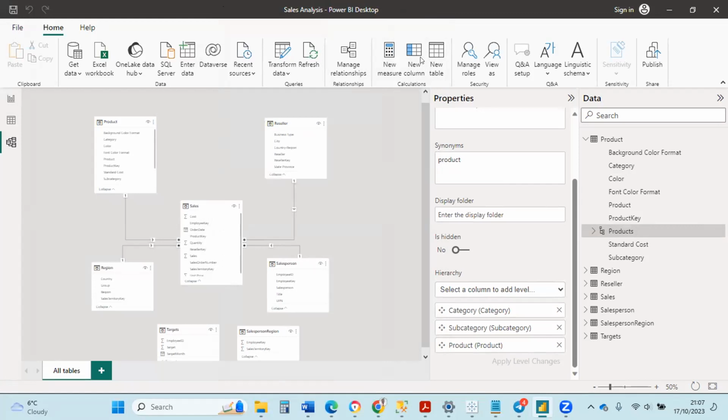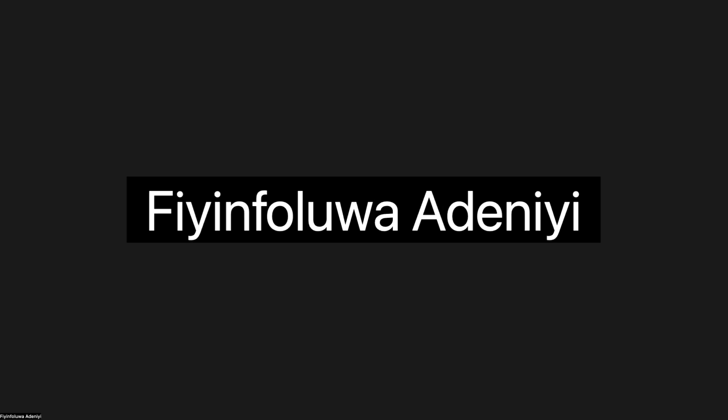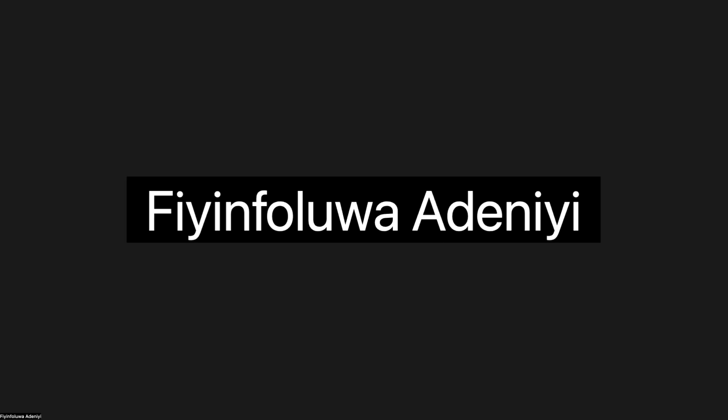Yes, sir. Can I ask a question, sir? Go ahead, please. Under the hierarchy, since we have the name as product, does the arrangement matter? The way it's arranged now under the product, we have category, subcategory, and then product. That is the hierarchy I want.